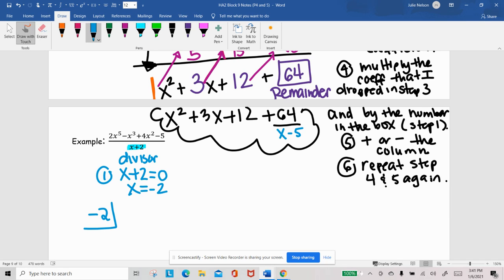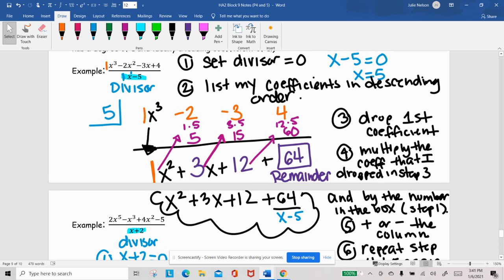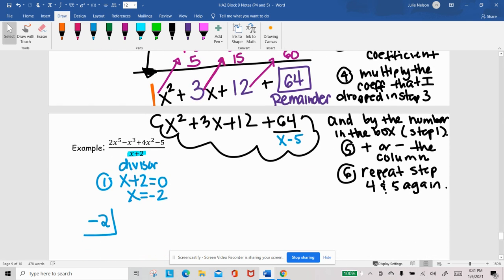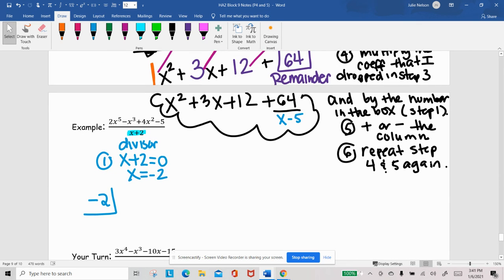Step number 2, I want to write the coefficients of my polynomial here. So I'm going to list the coefficients in descending order. So I'm going to put 2 because it represents x to the 5th. But be very careful.